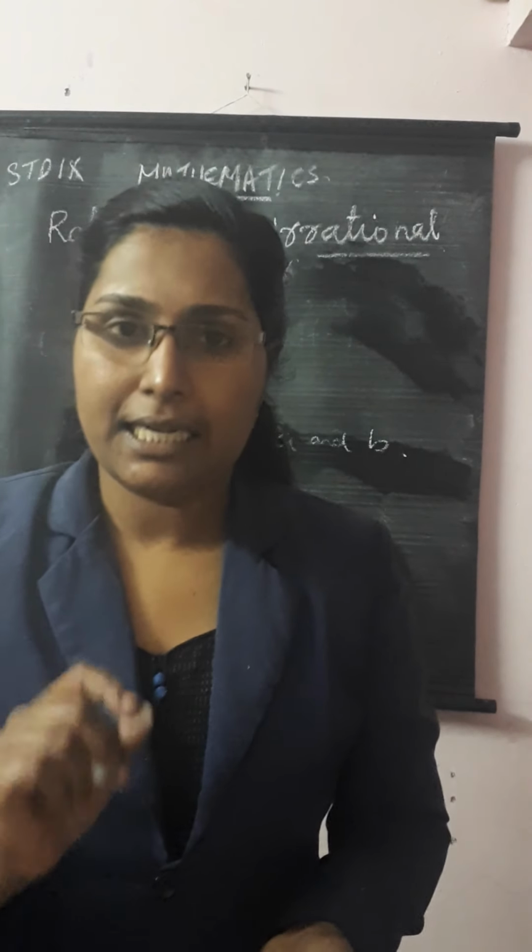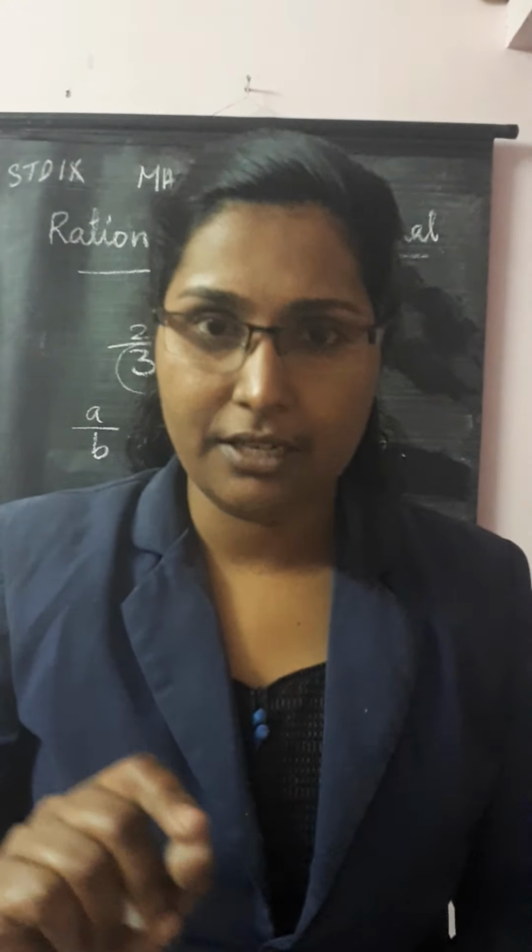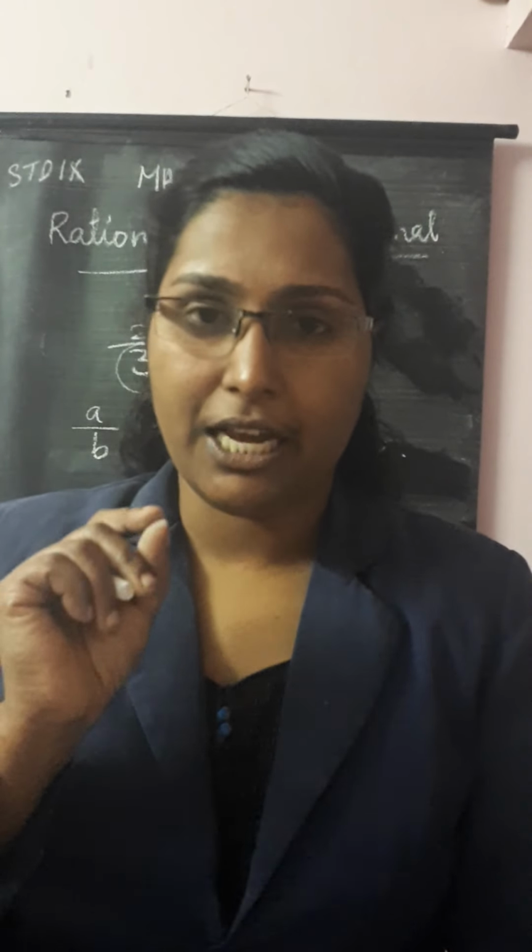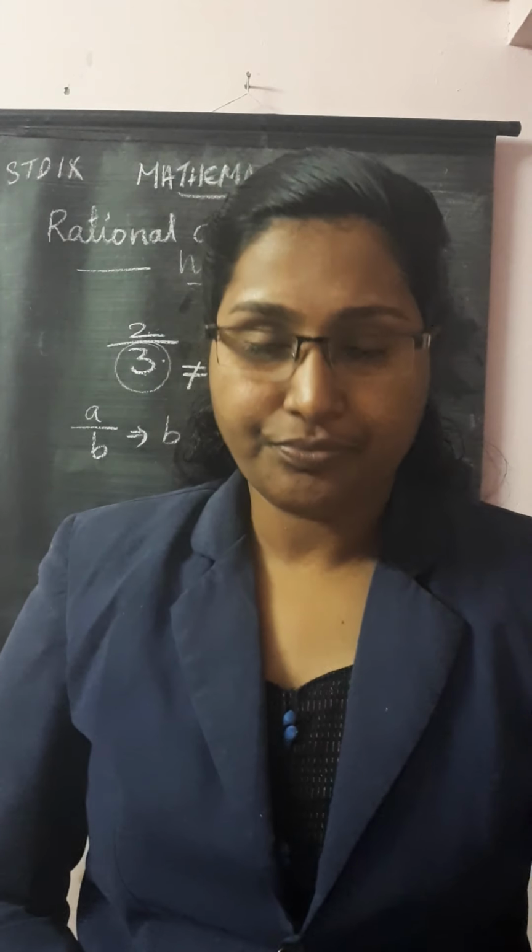So you should write the definition. Now I will say the definition; you may write it in your notebook. First write the heading: rational and irrational number. After that write the definition of rational number.